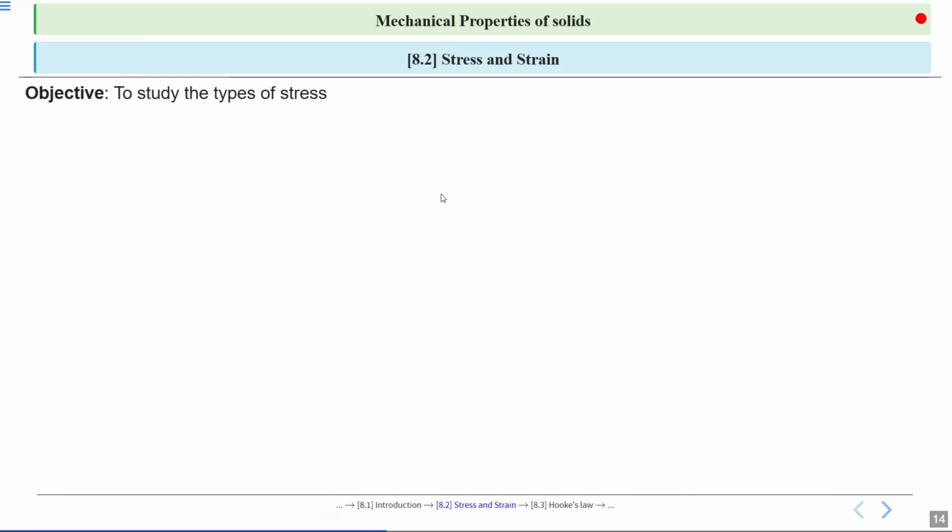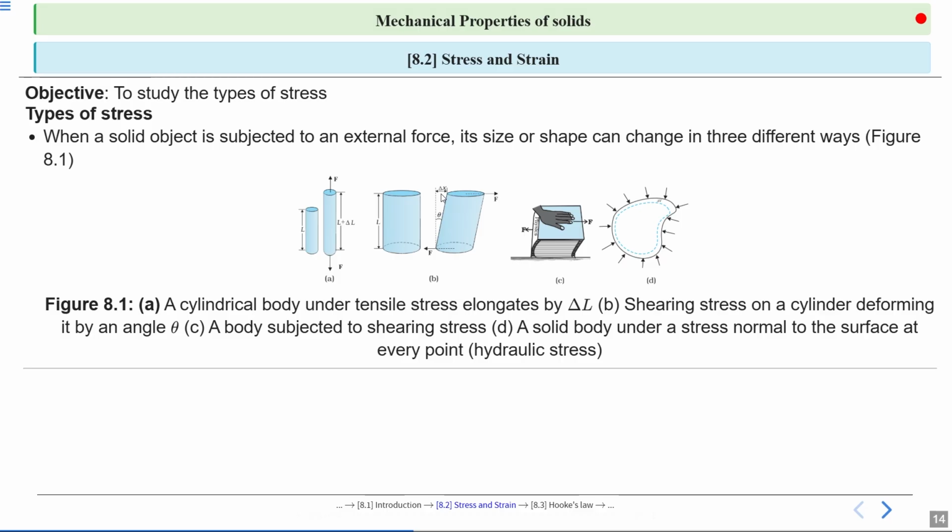So first, we will learn longitudinal stress. When a solid object is subjected to an external force, its size or shape can change in three different ways. See figure 8.1. First, we have tensile stress, which elongates a cylindrical body.